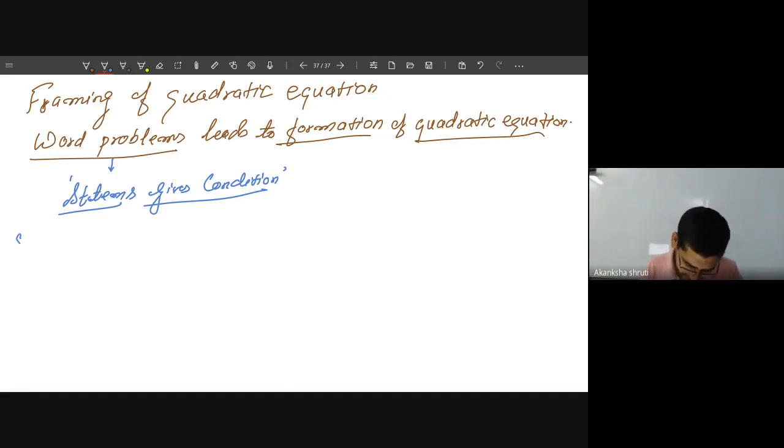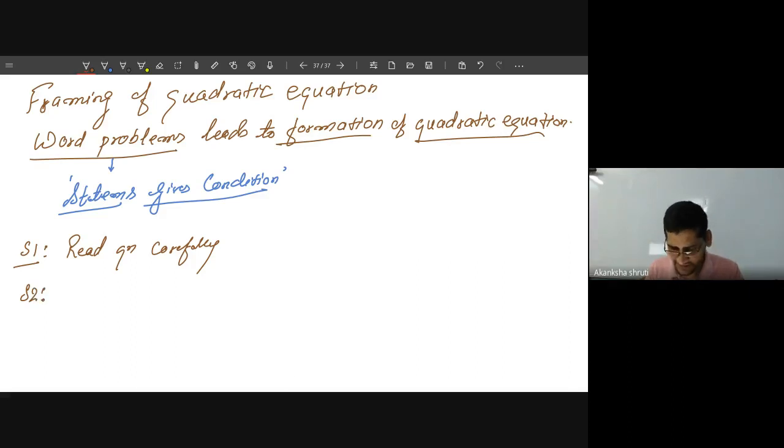So what are the steps? Write down the steps involved. The very first step, step number 1, is you have to read the question carefully. This is the very first step. And whatever the required quantity is, you take that as one unknown. So read the question carefully. It is the first thing.